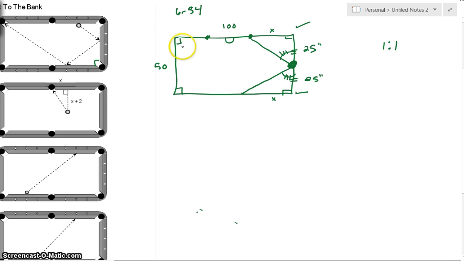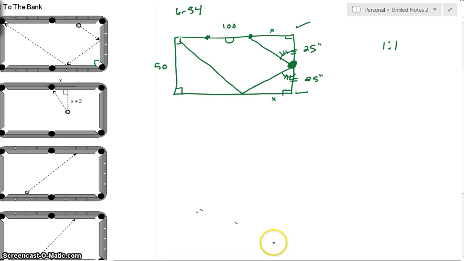The scale factor, though, for the third triangle created is not 1 to 1. That's going to be larger. What we do know is that the ratio from long leg to short leg will be the same from triangle to triangle, even from first to third, because they were all dilated at the same rate.